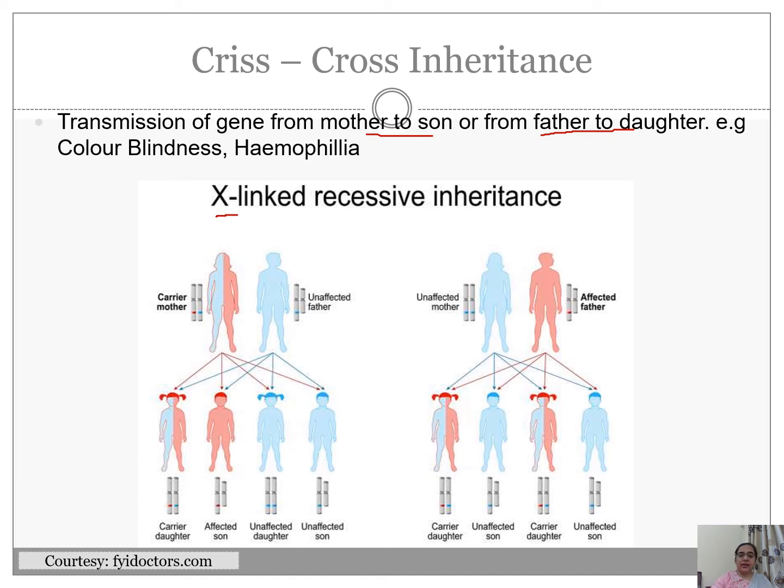In the earlier cross, we saw that when the female is a carrier, only the boy child will be affected and 50% of the girl children will be carriers. When the mother is unaffected and the father is affected, then none of the children will show symptoms of the disease. All boy children will be normal and only the girl children will be carriers.